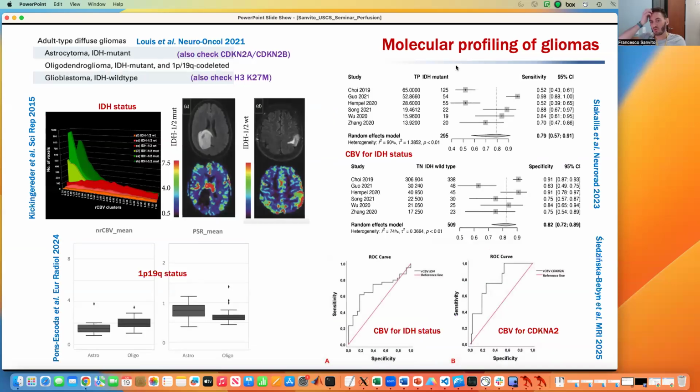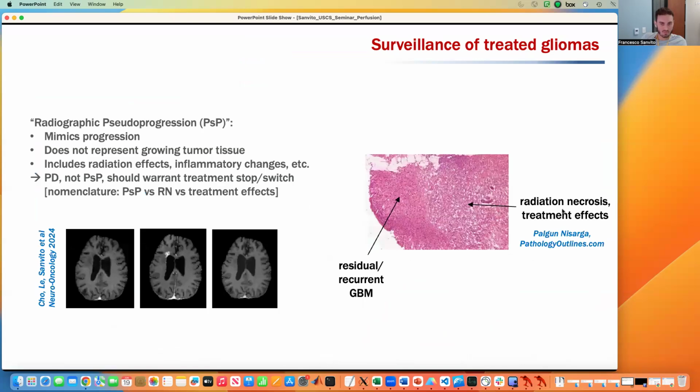In terms of molecular profiling, very fast, I want to mention how CBV and also PSR have been extensively used to try to differentiate IDH status, 1p19q codeletion, even CDKN2A status and whatnot. There's also meta-analysis on this topic showing how you can use CBV for IDH status prediction.